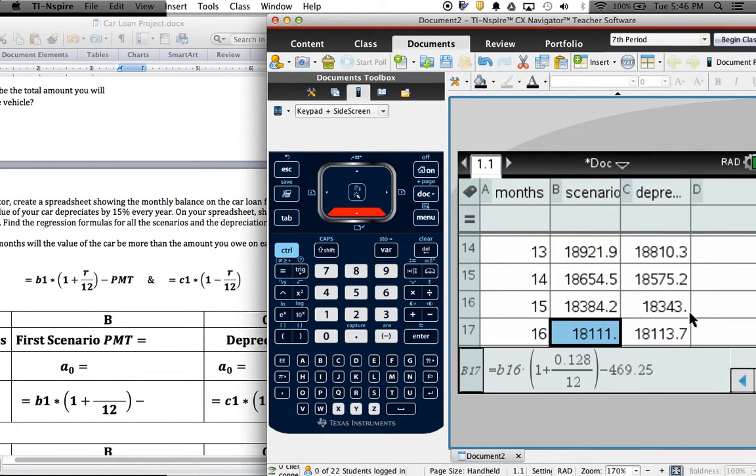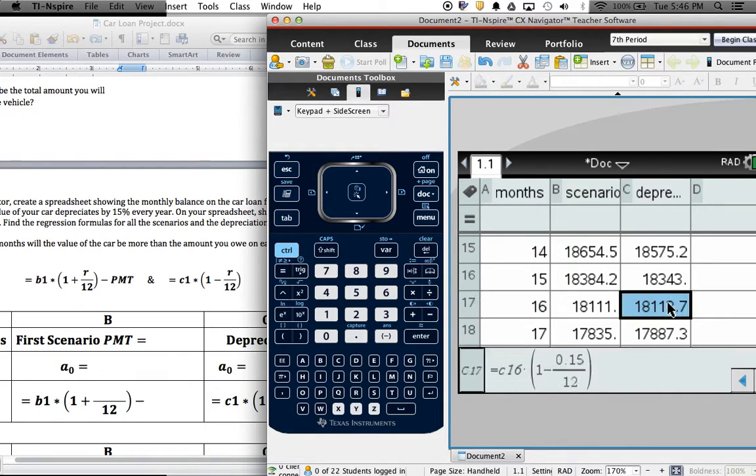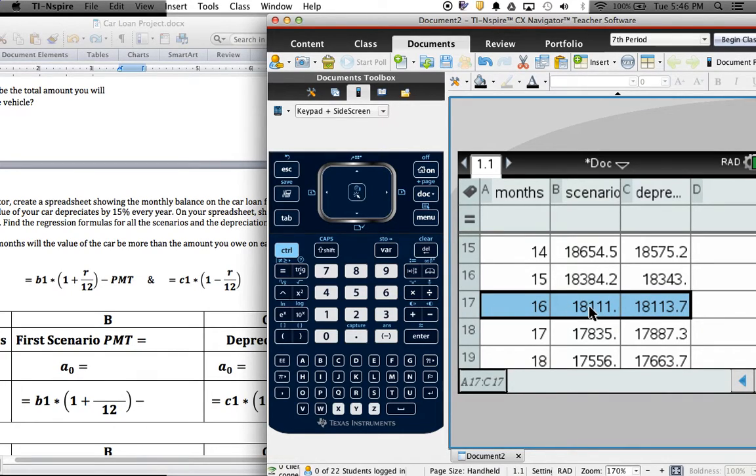Right here, you notice that after the 15th payment, you owe about $40 more. But after the 16th payment, the balance left owing on your account is $2 less than the value of the car. So in this case, after 16 payments, you owe less than the value of the car.